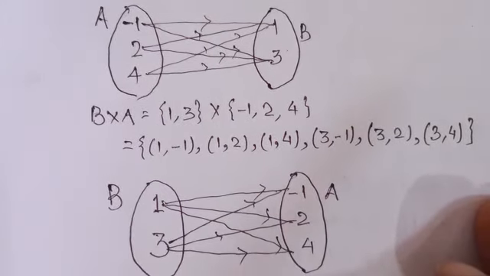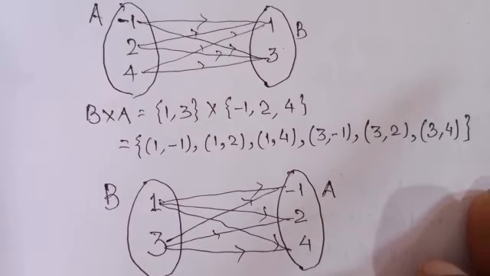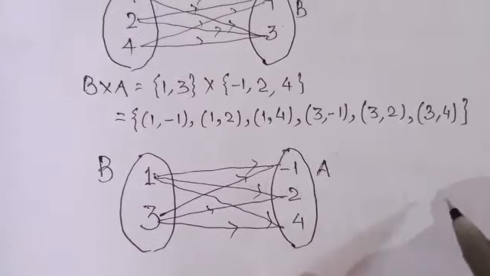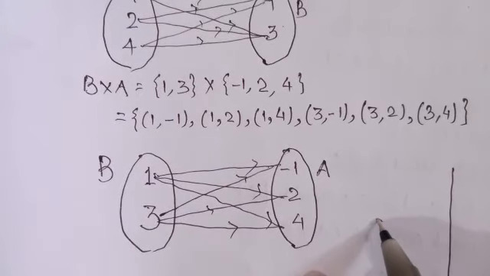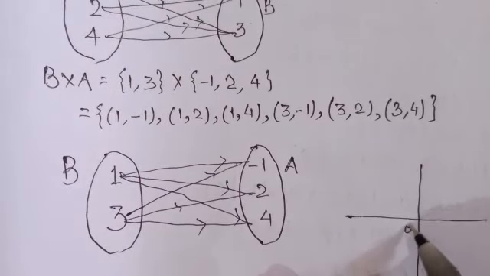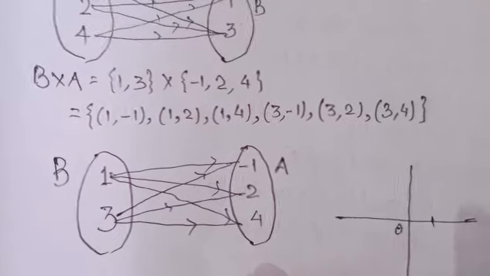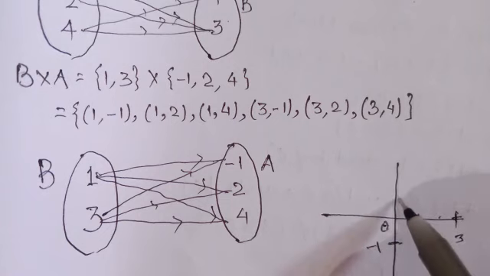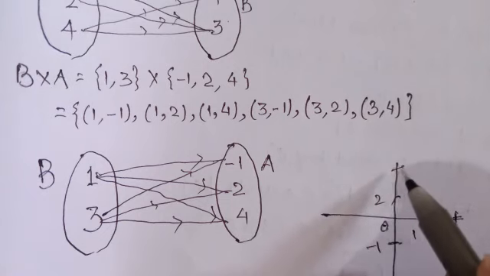If you want, you may represent it through the coordinate system also, that is, in a graph. 1, 3 are represented along the x-axis: 1, suppose this is 3, 1, 2, 3, and -1, 2, 4.